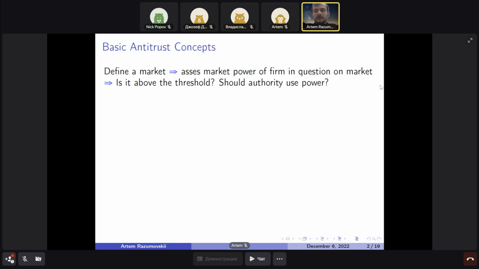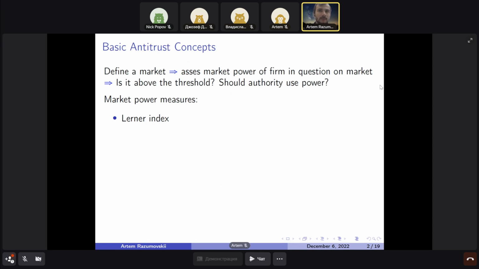We can set some threshold and decide: if market power is above this threshold, then we should do something. If less, it's not the case, so it's okay.